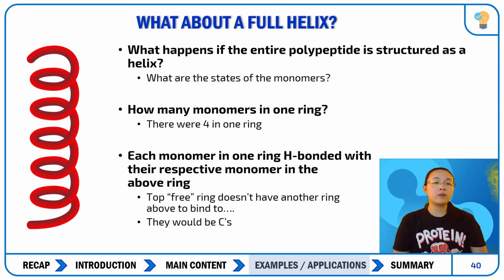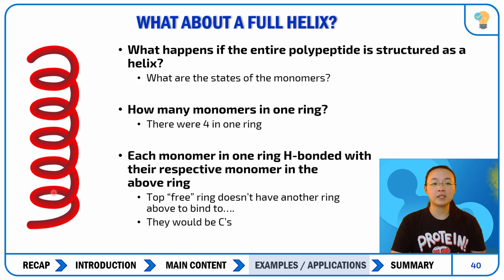So what if we take a look at a full helix? What would the sequence be? From our examples before, we had 4 monomers in one ring. Going from bottom to top, we had the bottom 4 monomers being hydrogen bonded to the ones on the top. So this would mean every monomer is hydrogen bonded for a full helix, except for the top end of the helix.